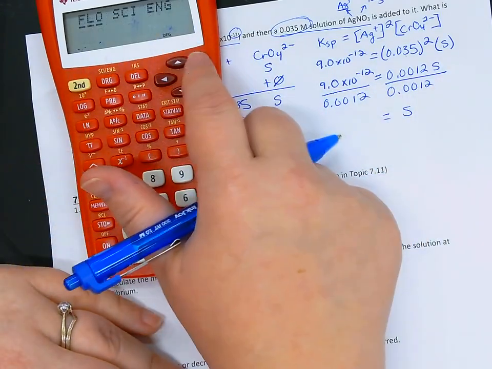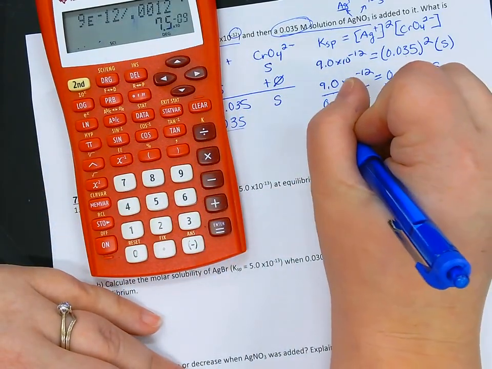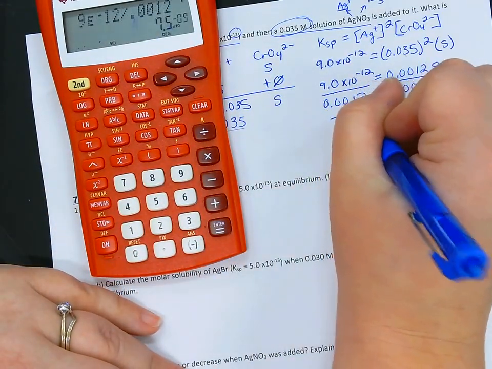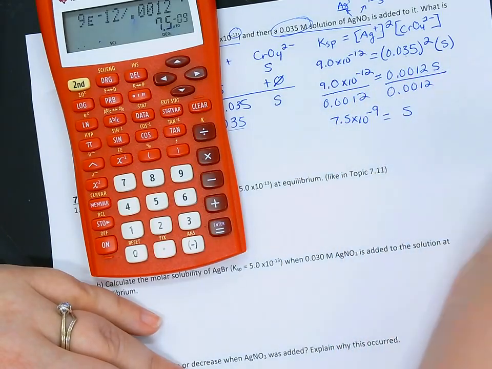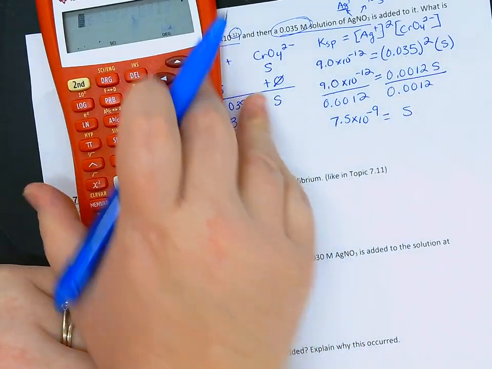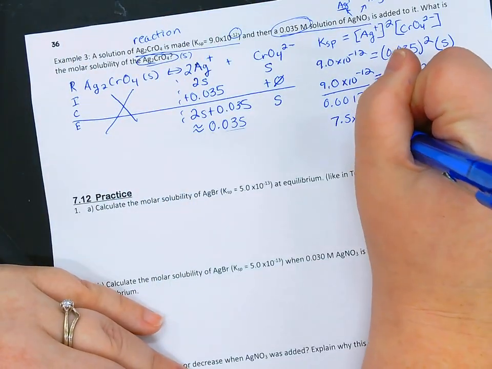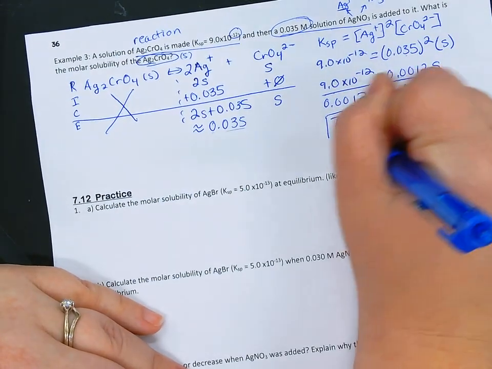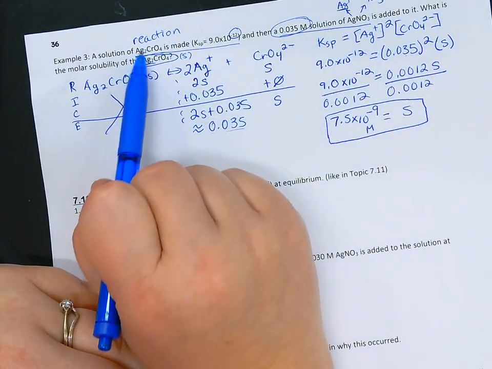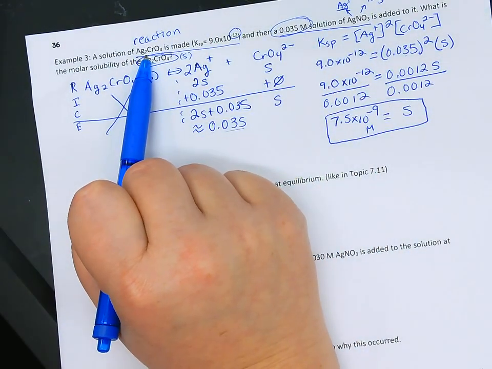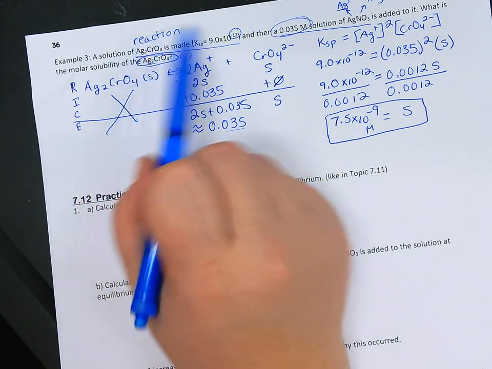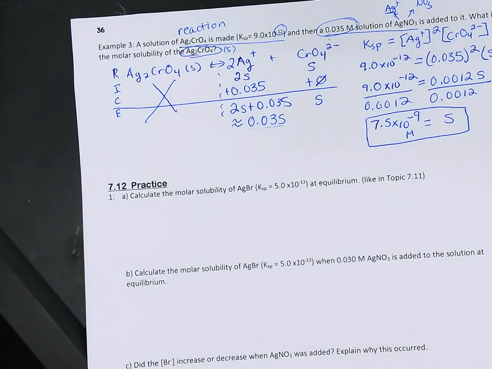Ooh, ugly looking number. All right, 7.5 times 10 to the negative 9 is my S value, which is what we're looking for. We're looking for that molar solubility. So there's my concentration of silver chromate after I've dumped in my silver nitrate.